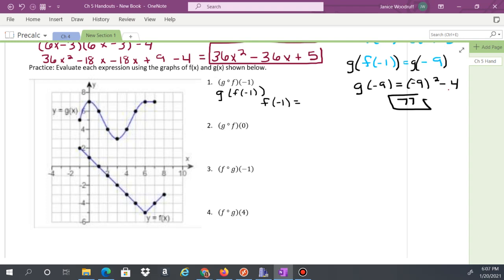Your output there is 0. So f of -1 is going to be 0. And then you do g of 0. So you go to your g graph, and where x is 0, that gives me a y value of 7. So g of f of -1 is 7.